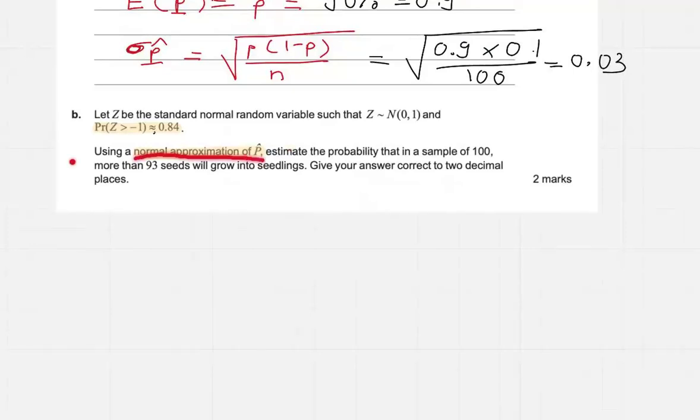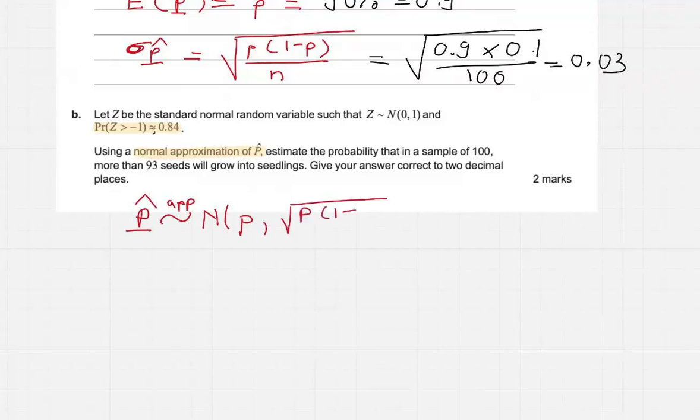In Year 12 probability, we know that when the sample size is large, the sample proportion as a random variable will be approximately normally distributed with mean p and standard deviation the same as before, that is the square root of p times 1 minus p divided by n.